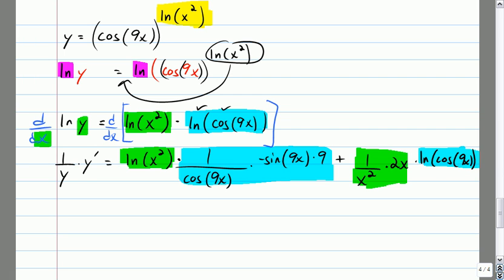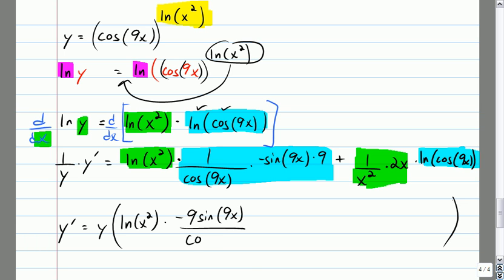The only thing left to do, I certainly could simplify, but I've got to multiply both sides by y. If I multiply both sides by y, the left side turns into y prime. So I'll have y multiplied by the entire right side. So let's clean it up. Natural log of x squared. Let's see, 9. I'm going to write this as negative 9 sine 9x over cosine 9x.